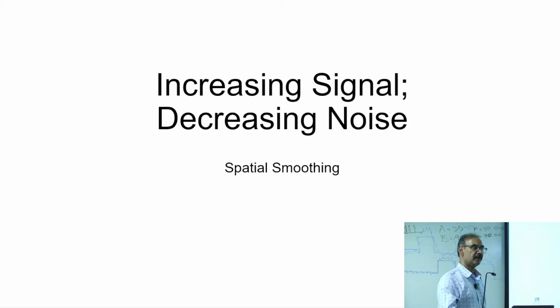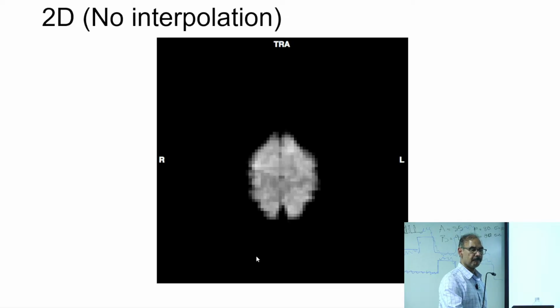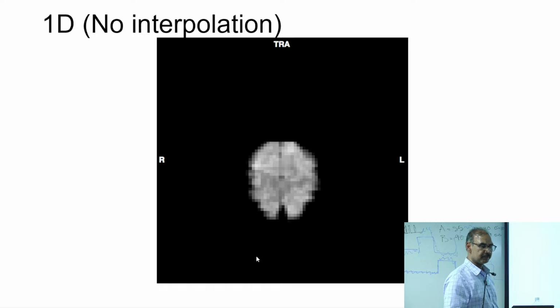Increasing signal and decreasing noise can be achieved through spatial smoothing. This is without any kind of interpolation. This is 2D without any interpolation, and this is a one-dimensional signal without any kind of interpolation.